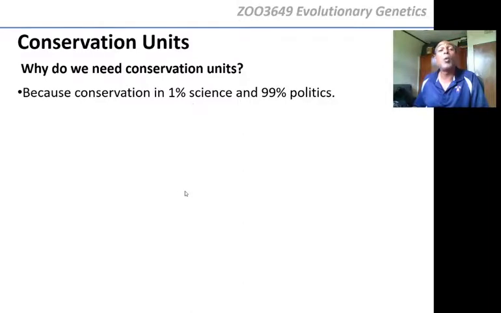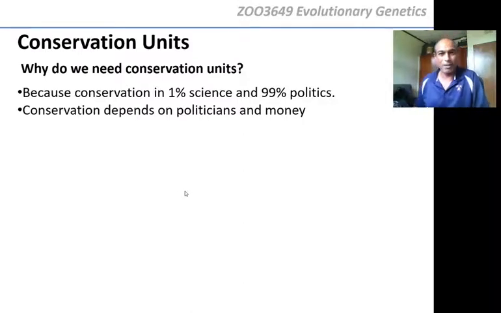They're based on what people want rather than the reality of science. And so conservation depends on politicians, and politicians depend on money. Politicians don't become politicians because they're nice people. They want to make money, and they want to steal your money. That's why they become politicians.